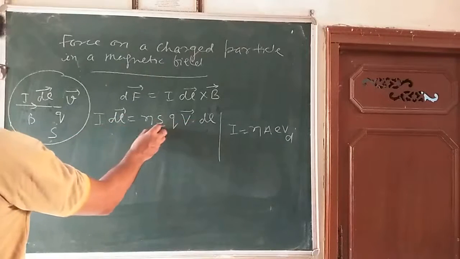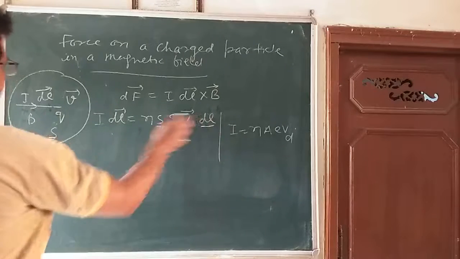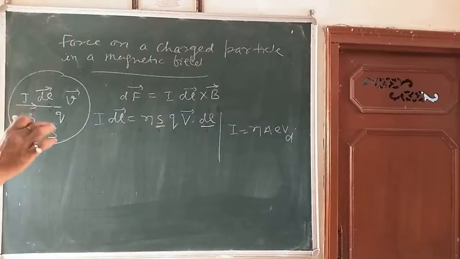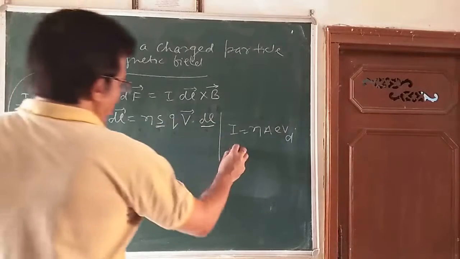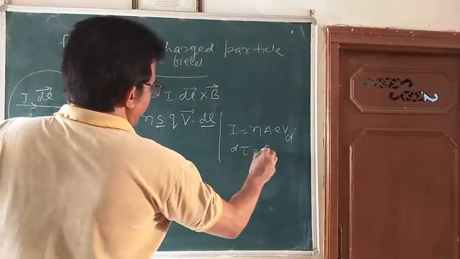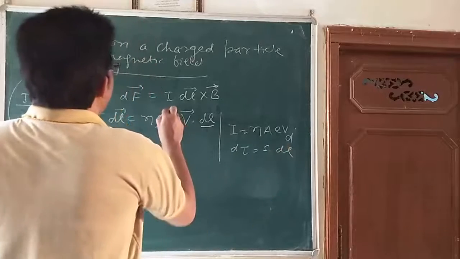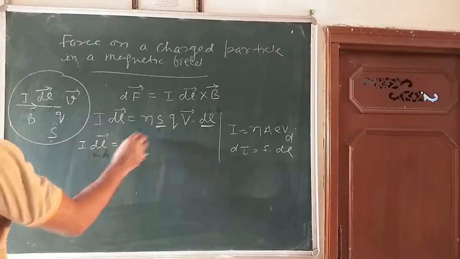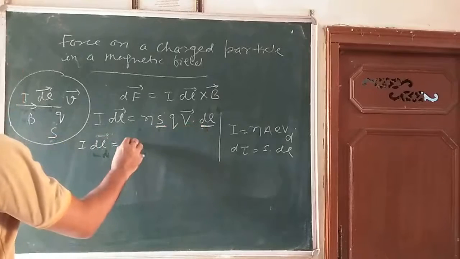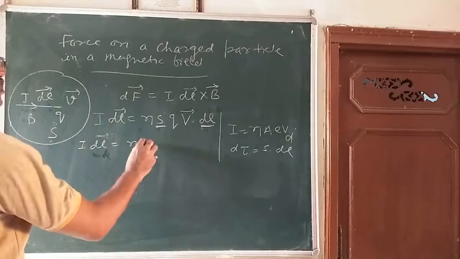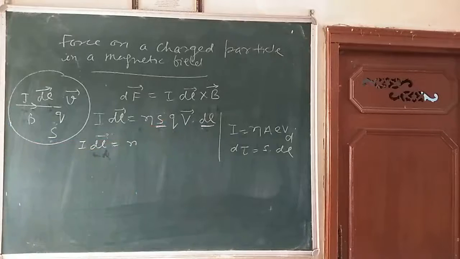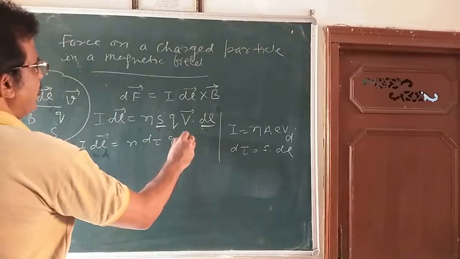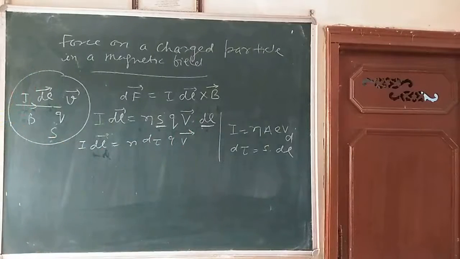S is the area of cross section, L is the length of small element. Multiply these two, this is called volume. So volume is equal to, suppose dv, S dL, area of cross section into dL. IdL comes out to be, in place of n S dL put dv, that is n dv q v, like this.